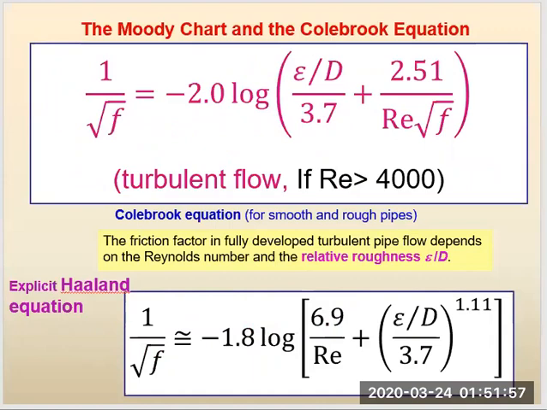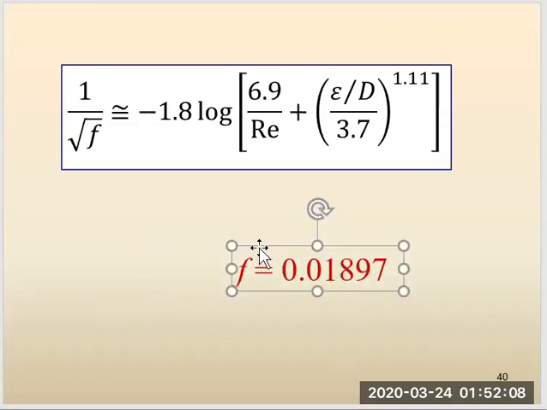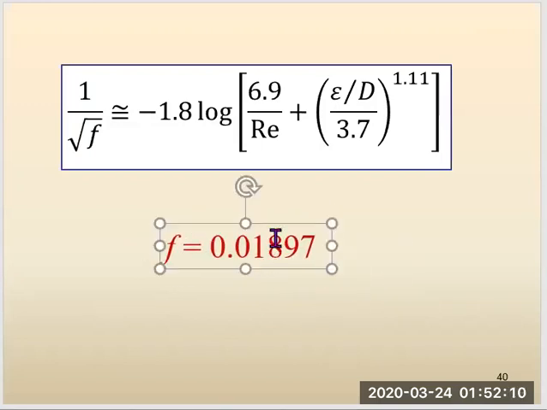But even if you use the Haaland equation, you're going to get a very similar value. So if you use this equation, you're also going to get a value very close to this one. But this is what I calculated using the Colebrook equation.